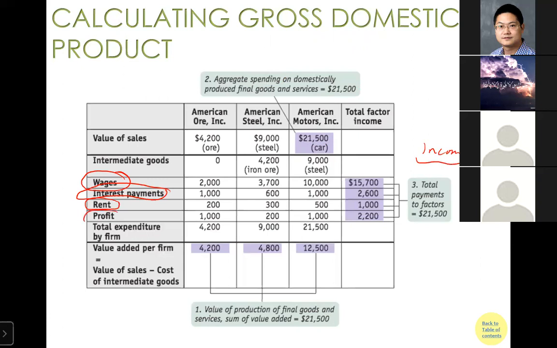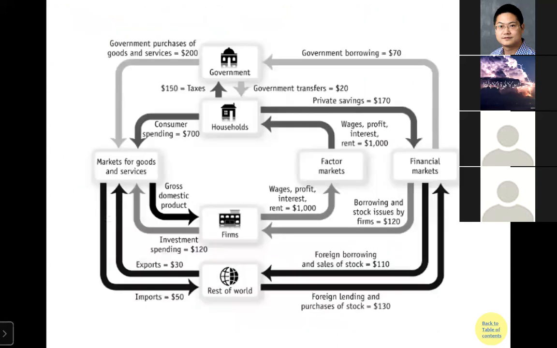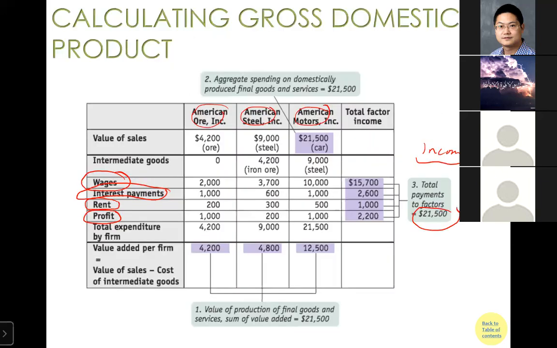Finally, you have profit, that goes to the owner of the business, because eventually those three businesses must be owned by someone in the economy. So we calculate the income for these four different sources of factors. We add them together so that we end up with 21,500.